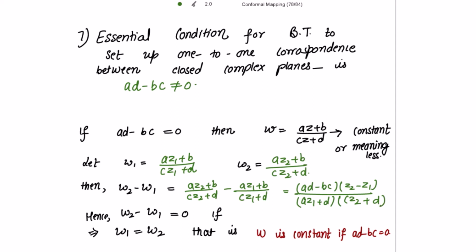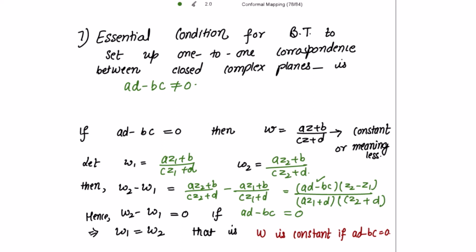So hence W2 minus W1 is equal to 0 only if this numerator is 0. So this will become 0 if AD minus BC is equal to 0, which implies W1 is equal to W2, that is, W is constant if AD minus BC is equal to 0, right?